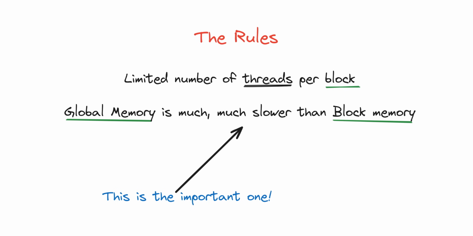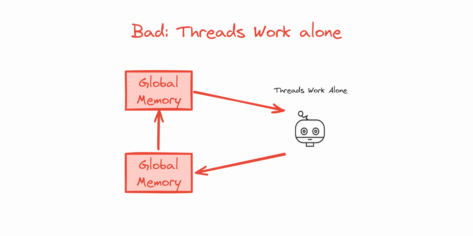We're going to want to do as many operations as possible within the block as opposed to resorting to the global memory. I think at this point you've got the main idea, but let's go through some examples. It would be very bad if each of the individual threads was reading and writing to global memory by themselves. You'd get parallelism, but it would be really slow to calculate things.